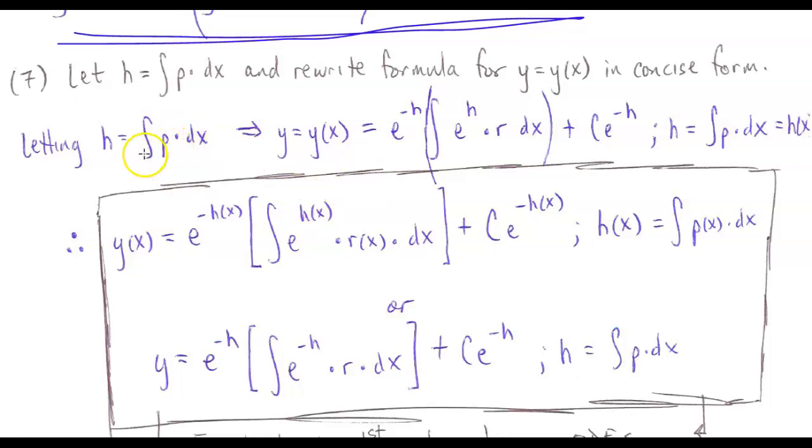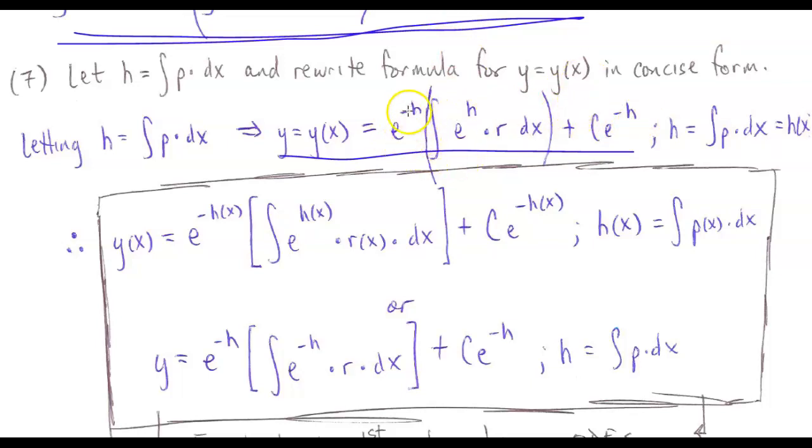So I allow the exponent that's in the formula for the integrating factor to equal h. And if I apply that, then I'll have y is equal to e raised to the -h, all that times the integral of e raised to the positive h times r dx, and then of course c times e raised to the -h as well.